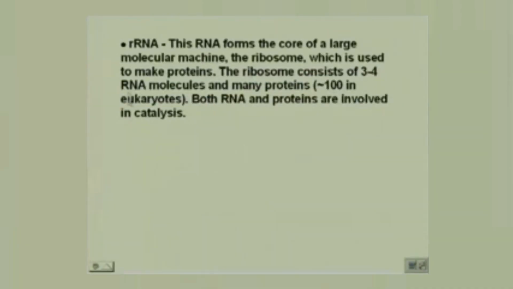Okay. We have ribosomal RNA. This actually forms the core of a large molecular machine which makes the proteins. Okay? It has a huge number of proteins. Not all of the structures of this have been solved yet. Okay?